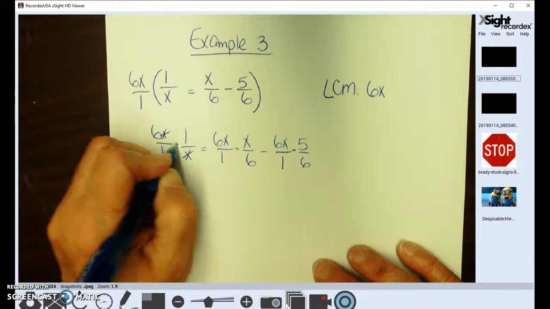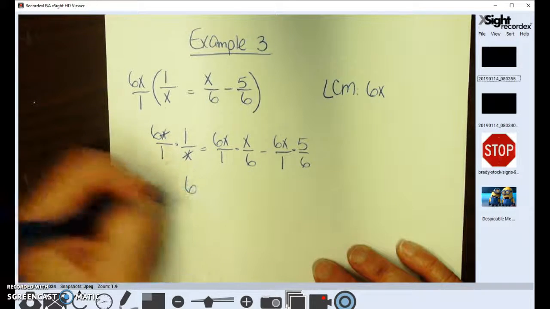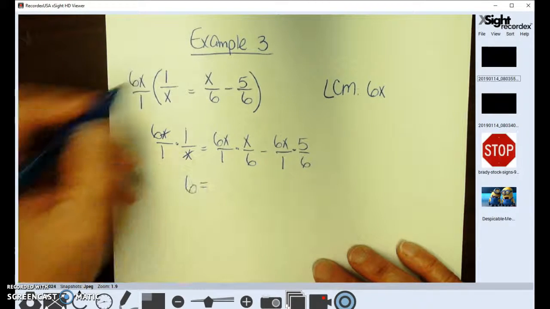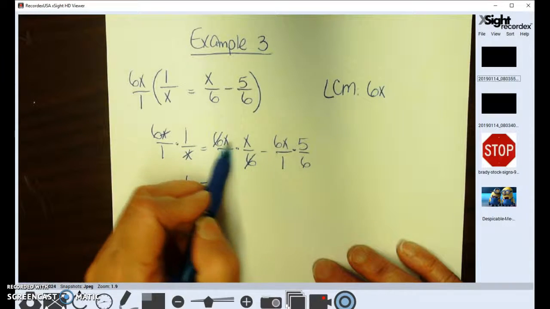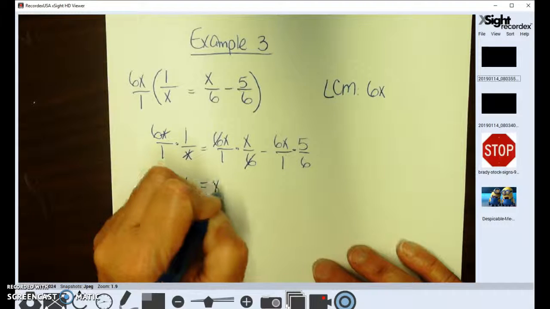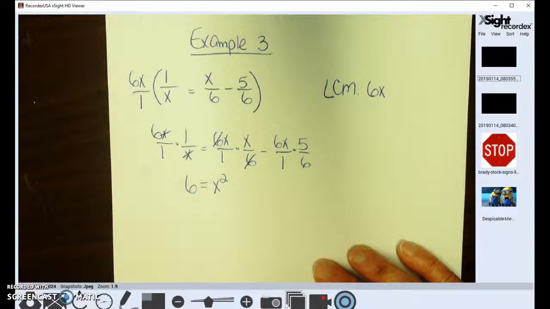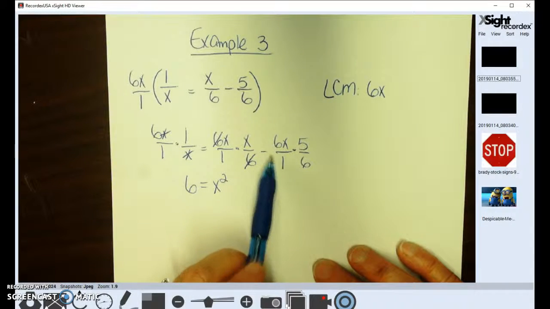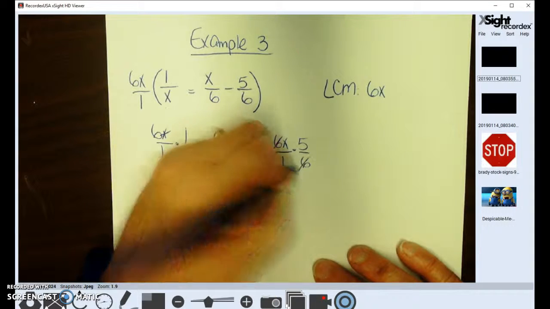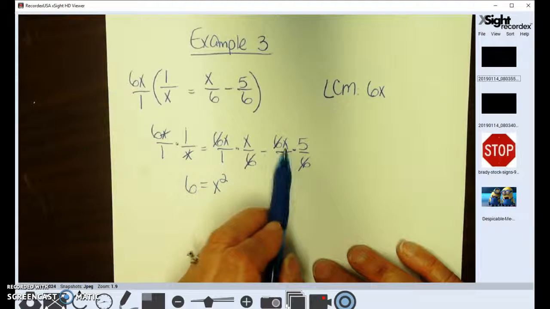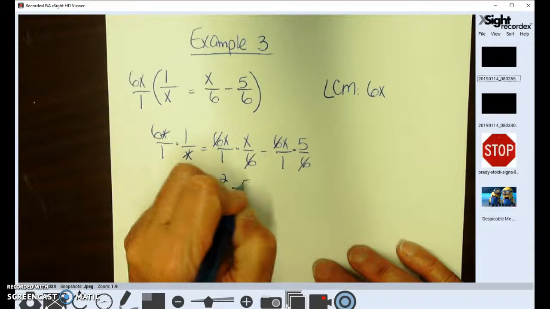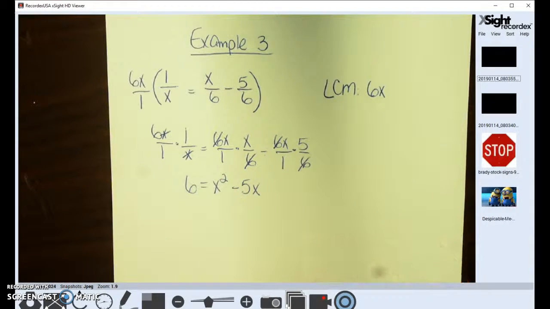So I'm left with 6 times 1, which is 6, over 1, and I don't have to write the over 1. 6 cancels this 6. I'm left with x times x, which we know is x squared. Then I am going to cancel this 6 with this 6. So I'm left with, this is a minus, so it's negative x times 5, or negative 5x.